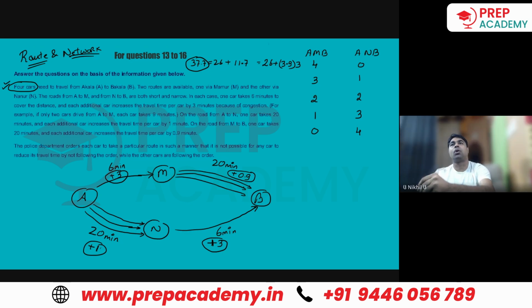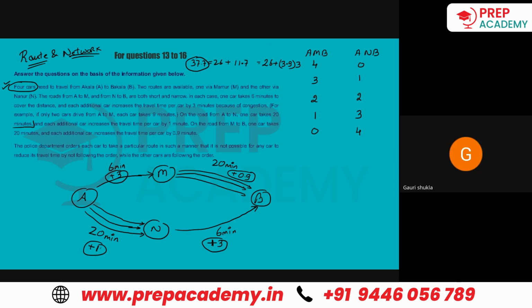Yes. Because on the road, one car takes 20 minutes here and one car takes 6 minutes here. If there's only one car, that's all it takes. Understanding it now? Yes, sir, got it.